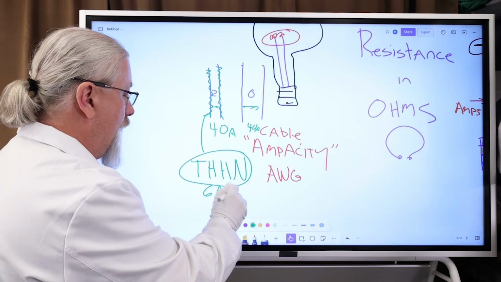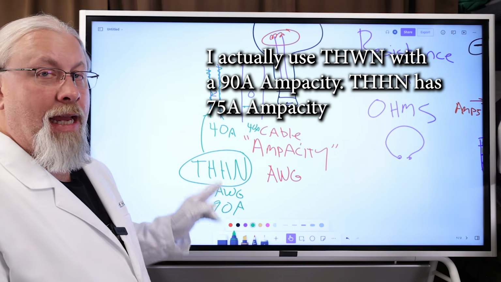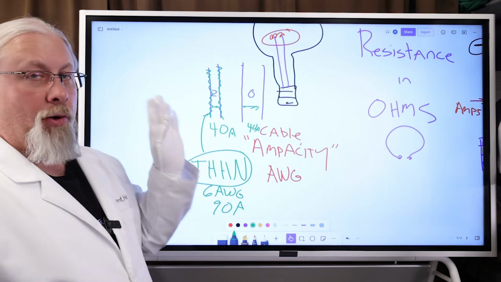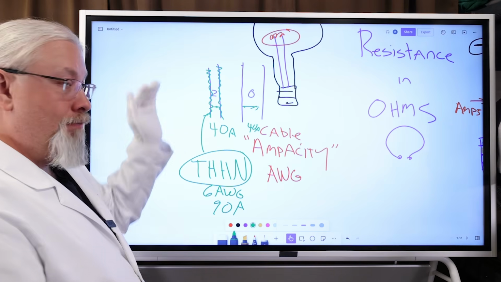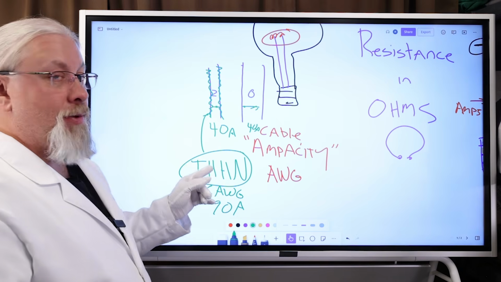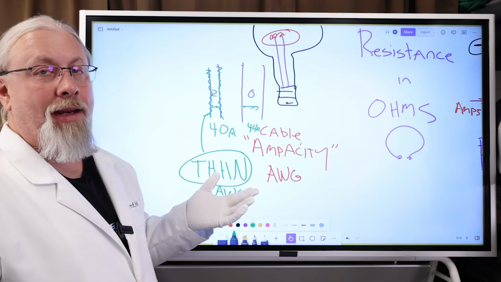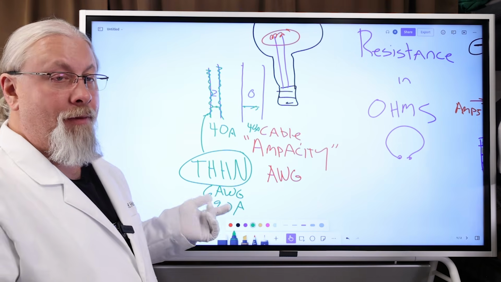That stuff's good for 90 amps. If you didn't have the THHN cable and it was just a regular rubber casing, it might only be good for 60 amps. So that's a major difference in amps for the same size cable. Of course, this cable is going to be a little more expensive, but think about it: that means you can put more power through the same size cable and you're paying for less copper.